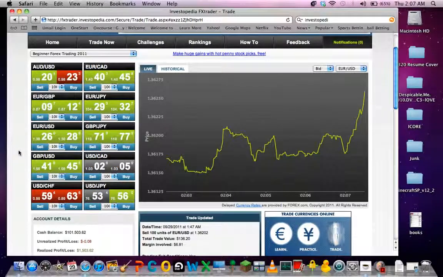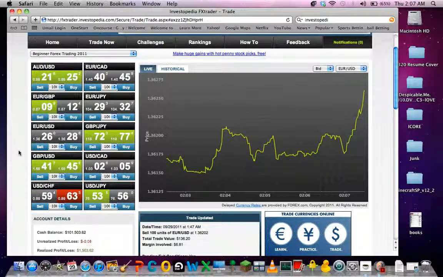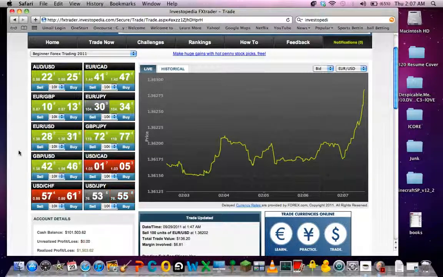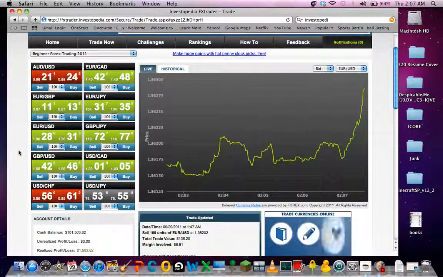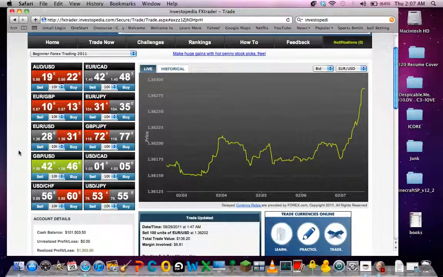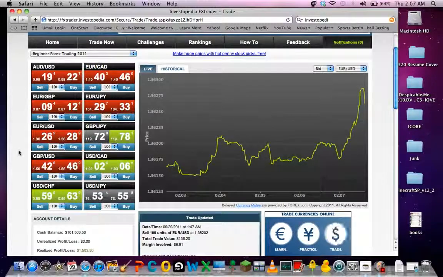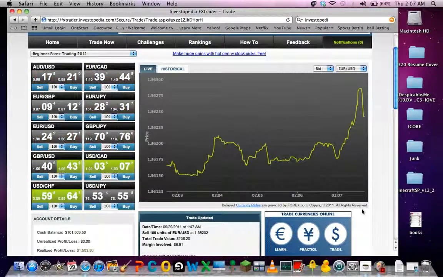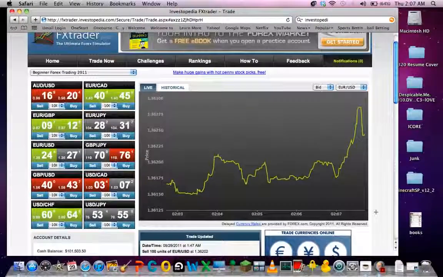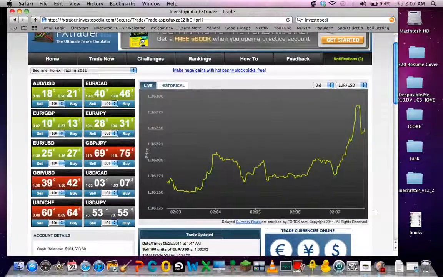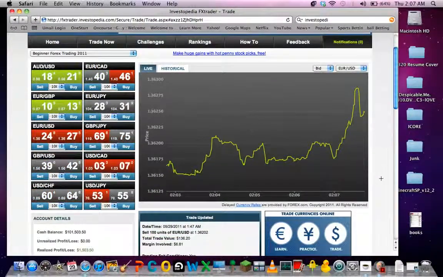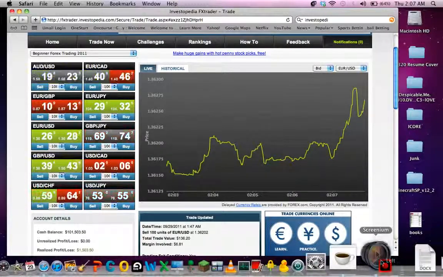So any small decline in the market could cause you to lose that $1,000 like that. And that's where the rumors really come from. So as long as you keep your leverage low and only make small trades and practice on your practice account before you really start doing this, you should be fine. You won't lose a dramatic amount of money, unless, like I said, you're being stupid with the amount of money you're trading.